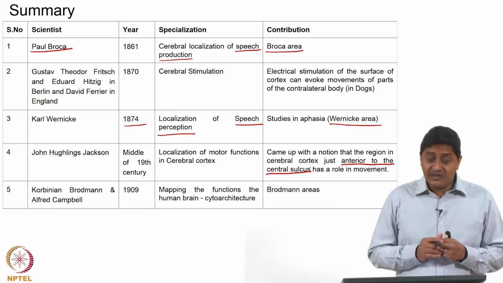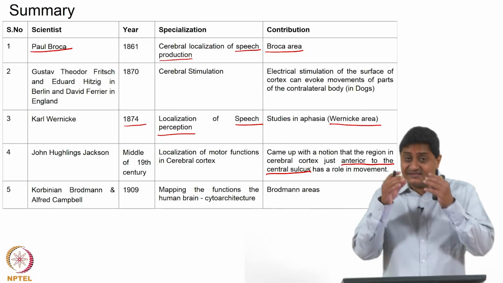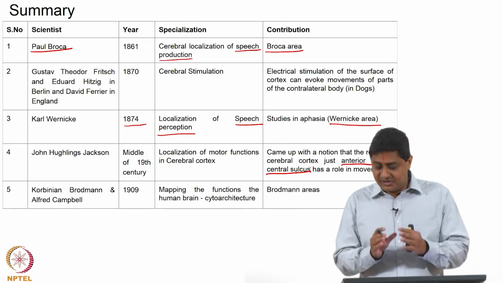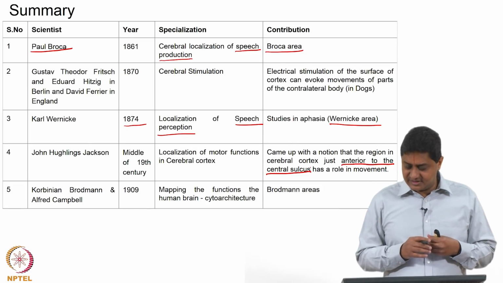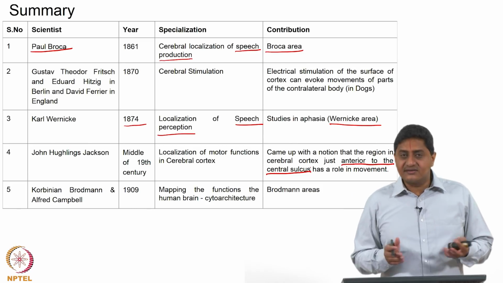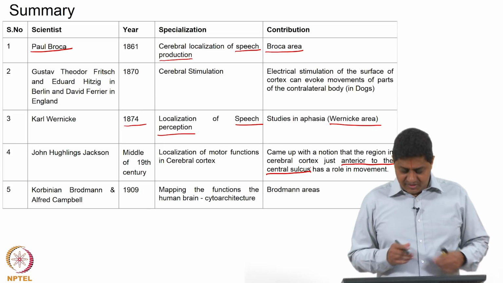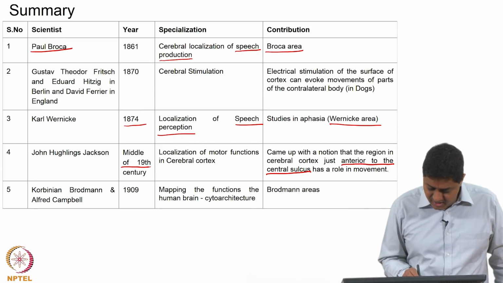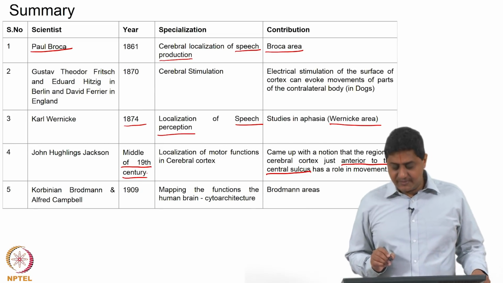This discrete region just anterior to the central sulcus is now called the primary motor cortex, but this claim was made in the middle of the 19th century.